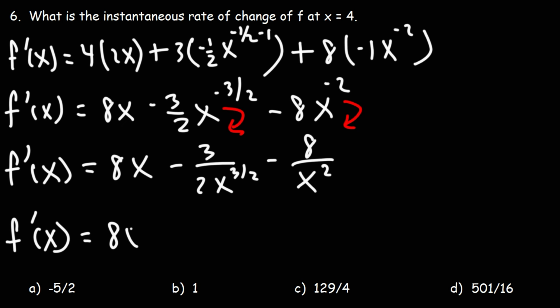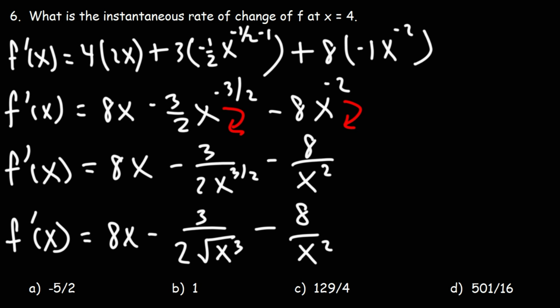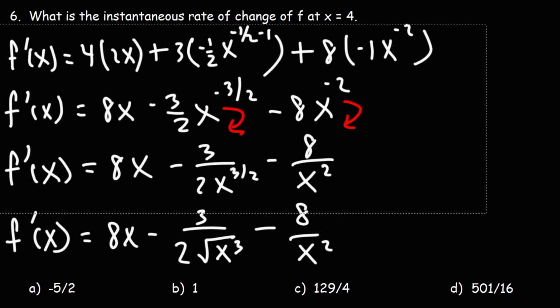So this is 8x minus 3 over 2. Now this part we could change back to its radical form. We have an index of 2 and an exponent of 3. So this will be the square root of x cubed with the invisible 2 here. So now we have the derivative of f in its simplified form.